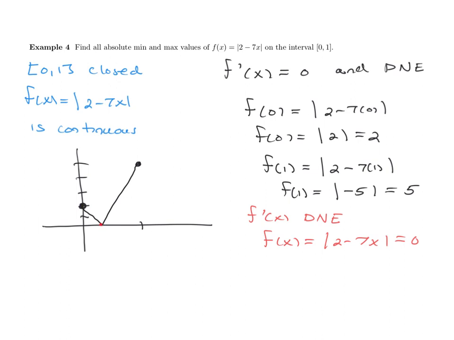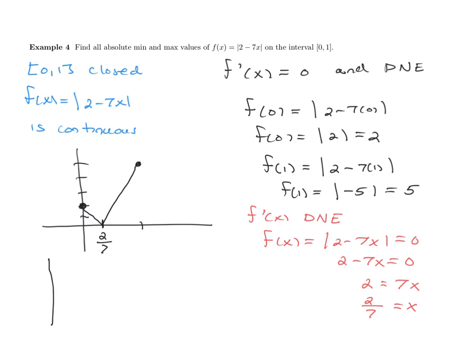The function equals 0 is where the derivative is undefined, and that's where the thing inside the absolute value is equal to 0. To find the x, I'll add 7x to both sides, and then I'll divide by 7 to get 2/7 is x. And that's this location here.